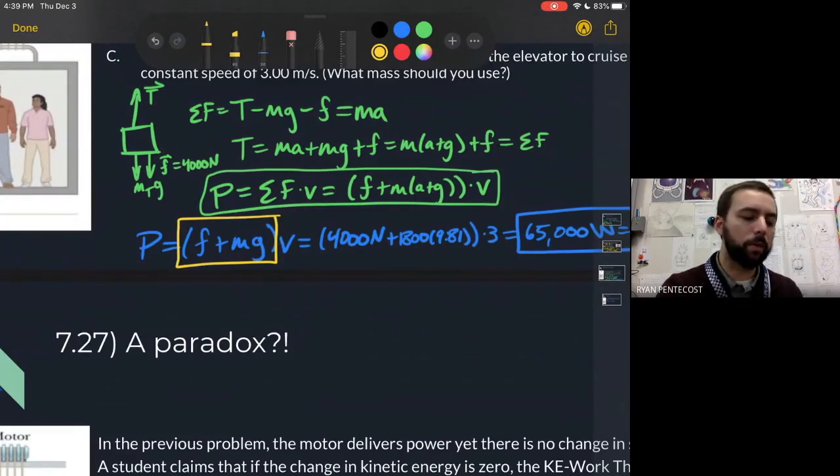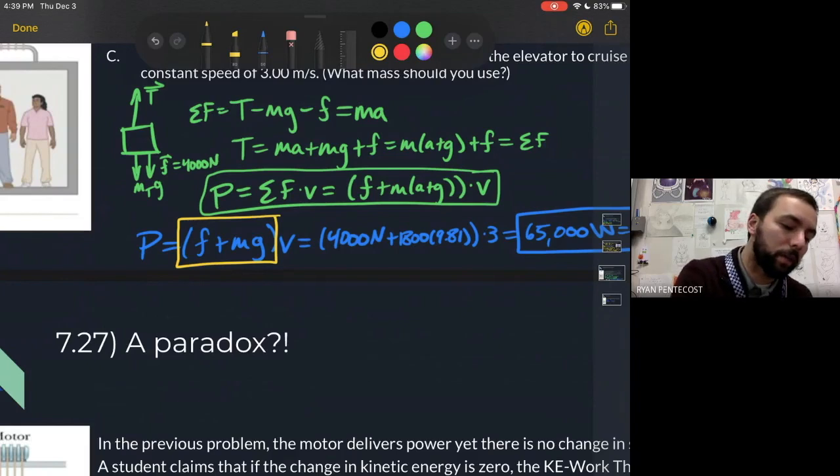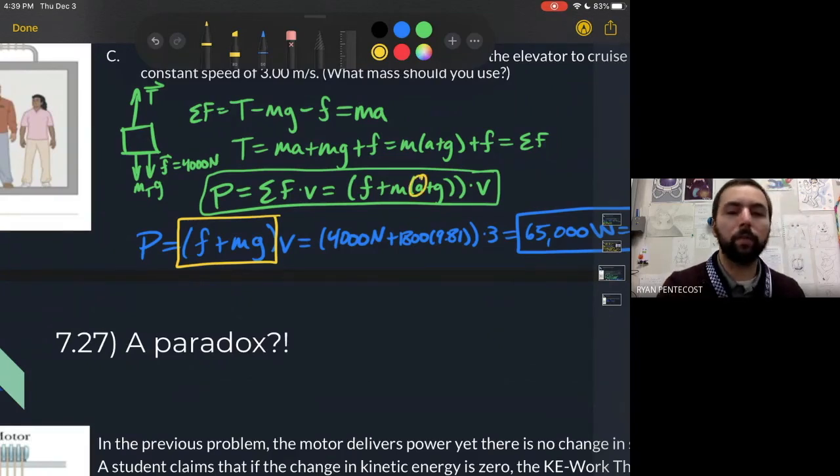Because if you're going to move something at a constant speed and there are resistive forces, it's going to take power to travel at that constant speed, because you have to provide that force to overcome those. Now, if you're going to overcome them and cause an acceleration, then you will have even greater force, because you're going to add that acceleration to your g, resulting in a higher instantaneous power.